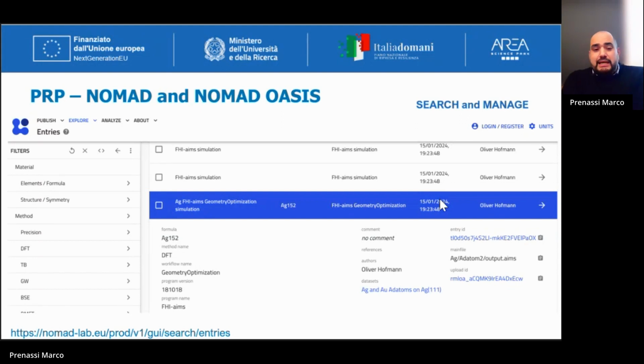We can search the metadata. We can search the experiments. We can search everything about it. It's a really good database and repository of the experiments of a lot of laboratories.